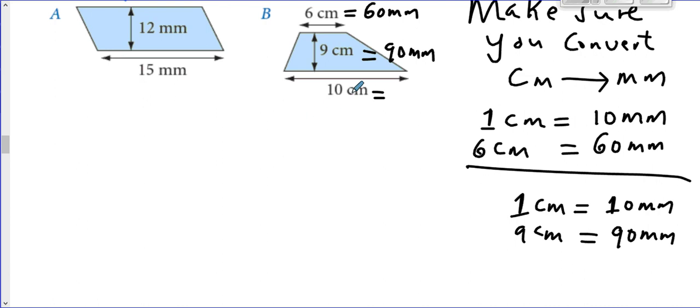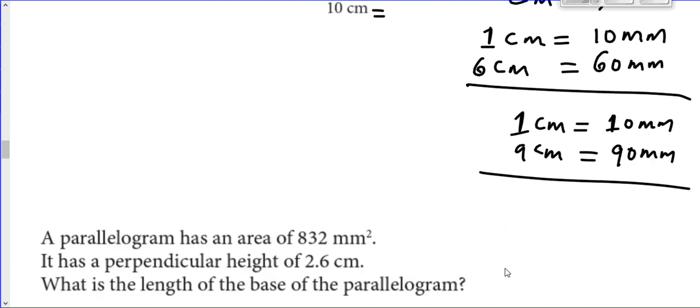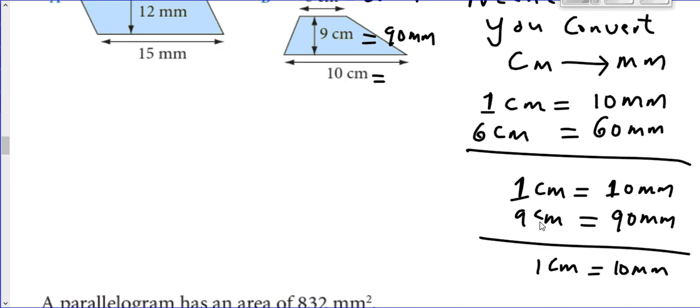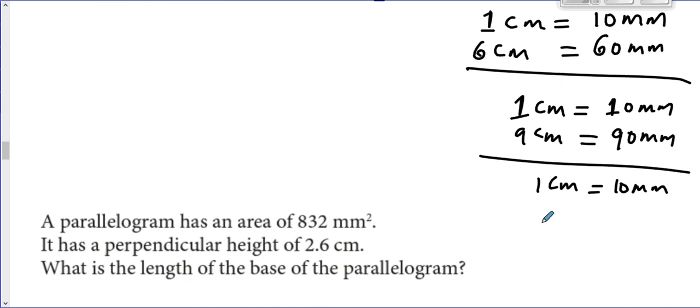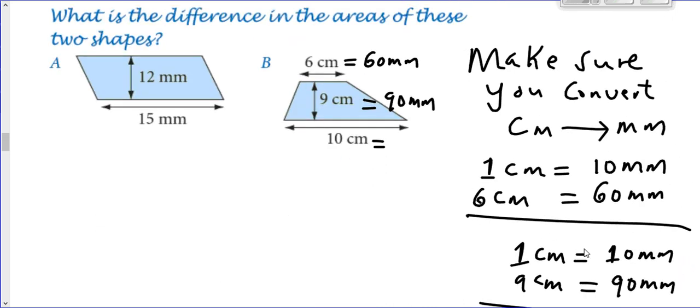You can pause the video and try that, but otherwise the work will be the same. 1 centimeter equals 10 millimeters, so 10 centimeters will be equal to 100 millimeters. So here you have 60, 90, and finally 100 millimeters.